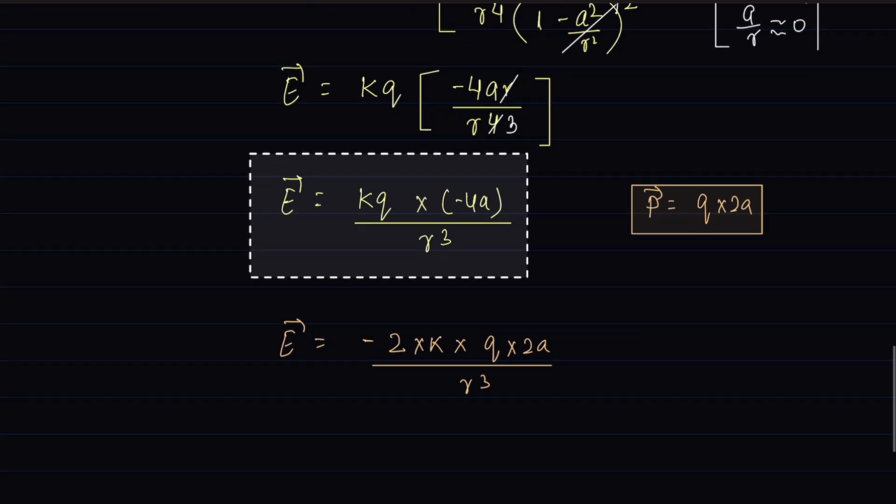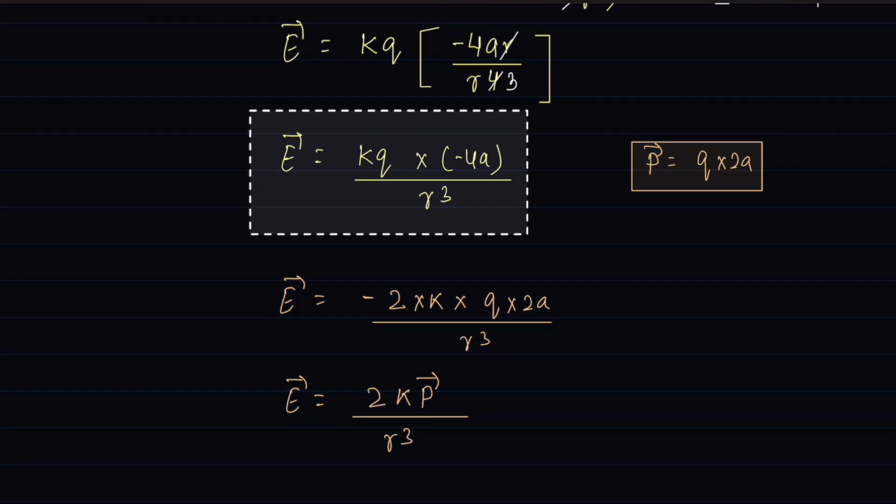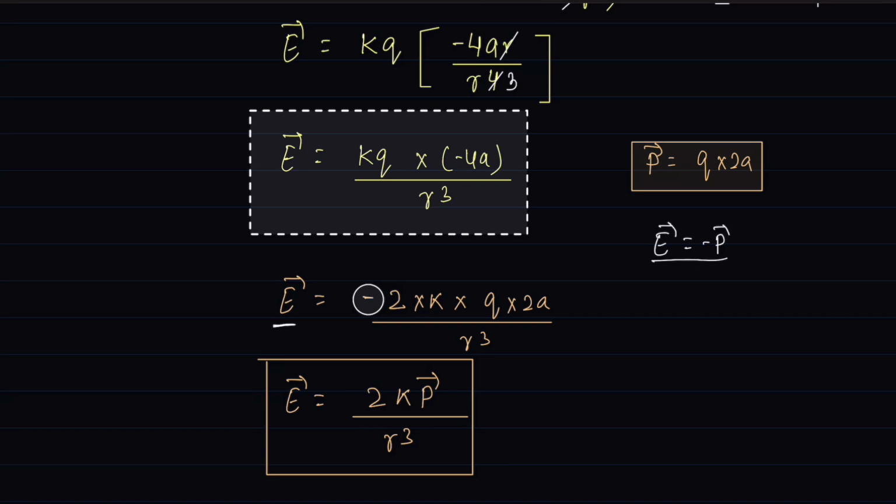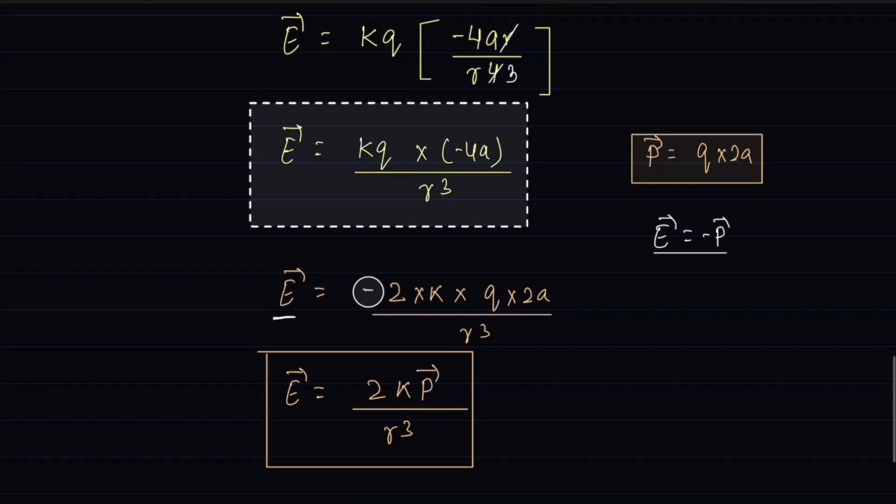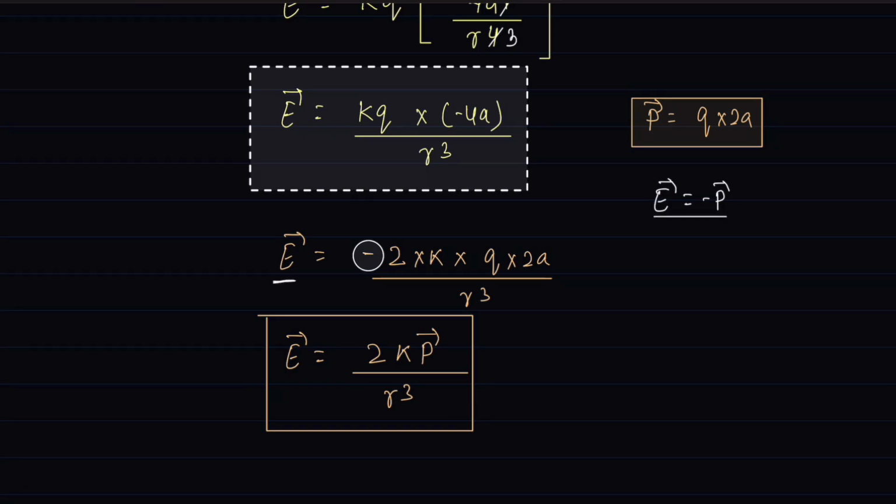So it can be written as E is equal to 2k P vector by r cube. Here this negative sign is removed. Why? Because the direction of the electric field and the electric dipole are opposite, so we can remove this negative sign. And this is our derivation of the electric field formula on the axis.